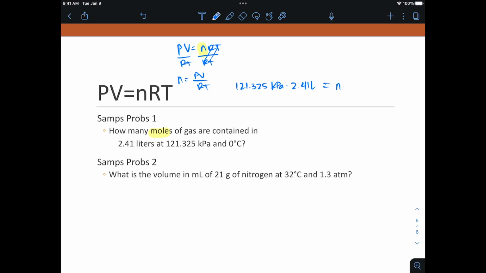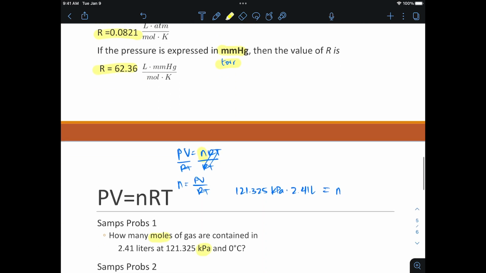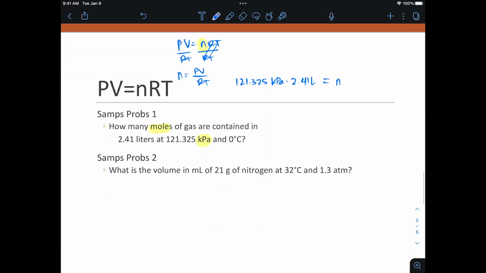The R is a constant, right? And in this problem, we're dealing with kPa. So if you go back up, you say, oh, kPa, that means I'm using 8.314 for my R in this problem. And the temperature in this problem is 0 degrees Celsius. That's not going to work. You can't put a 0 in there. So you add 273, and of course you get 273 for your temperature in Kelvin.